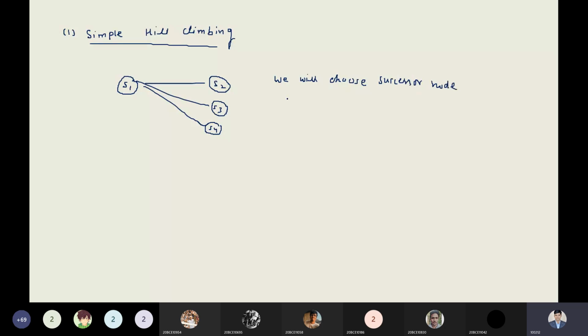The drawback, we know, is that there is no guarantee we can get the optimal solution. Its successor node is S2, and S2's neighbors are S3 and S4, but the successor node is S2, so I'm choosing S2. But the drawback is that there is no guarantee; we're not able to get the optimum solution.